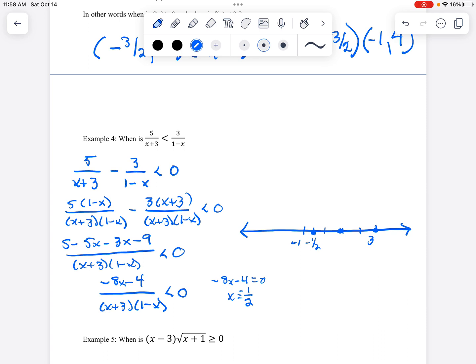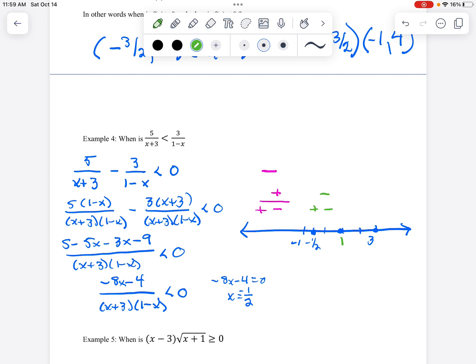And now I simply want to check each of the intervals to see whether my rational function would be positive or negative. So anything below negative 1/2, for example, if I plug in negative 1 in for x, is going to give me a positive numerator, and it's going to give me a positive and then a negative in the denominator. So my values are all going to be negative. In between negative 1/2 and 1, let's think of 0. It's going to give me a negative in the numerator and a positive and a negative in the denominator.